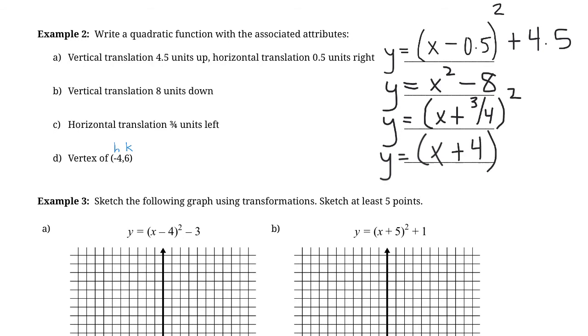We're going to close the bracket, we're going to square it, and then we're going to input our k value. Remember, you can write your k value exactly as you see it. It was given to us as +6, so we are going to write it as +6. So our equation for this parabola would be y equals (x + 4) squared + 6.